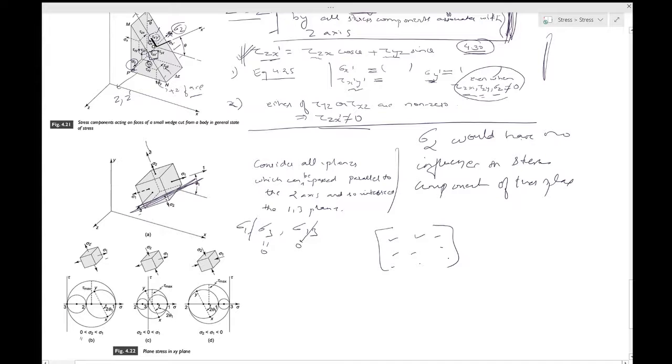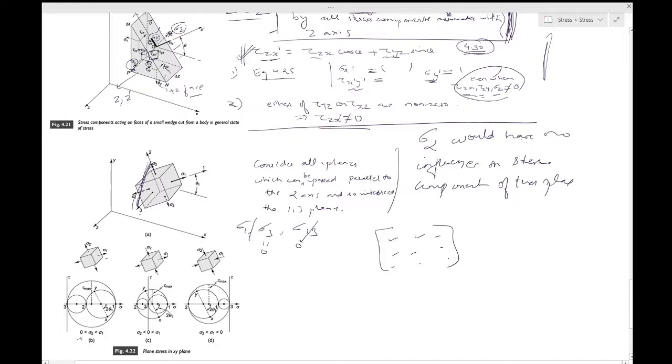Then you would have this plane which is parallel to the 1 axis, and that would cut or intersect this 2-3 plane. So you will have sigma 2 and sigma 3. Now sigma 3 is 0, and sigma 2 and sigma 1 are like this. So you have this set of 3 circles in front of you.